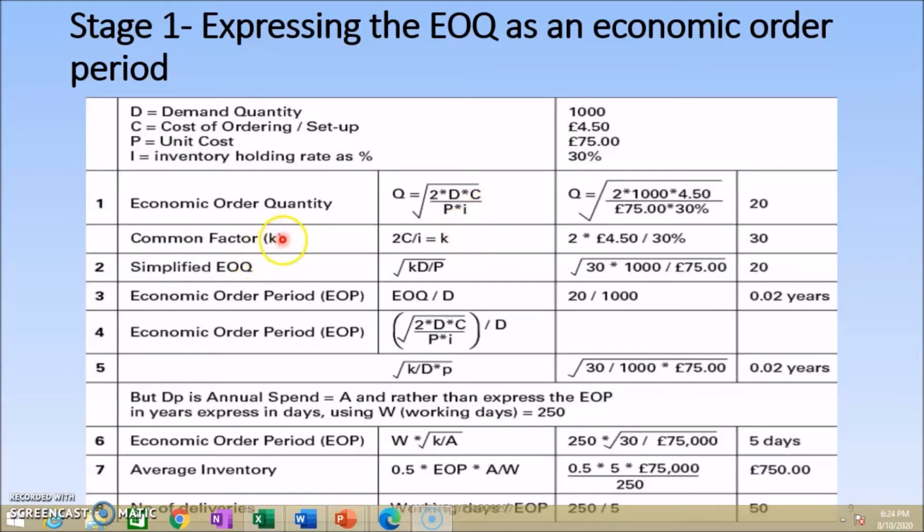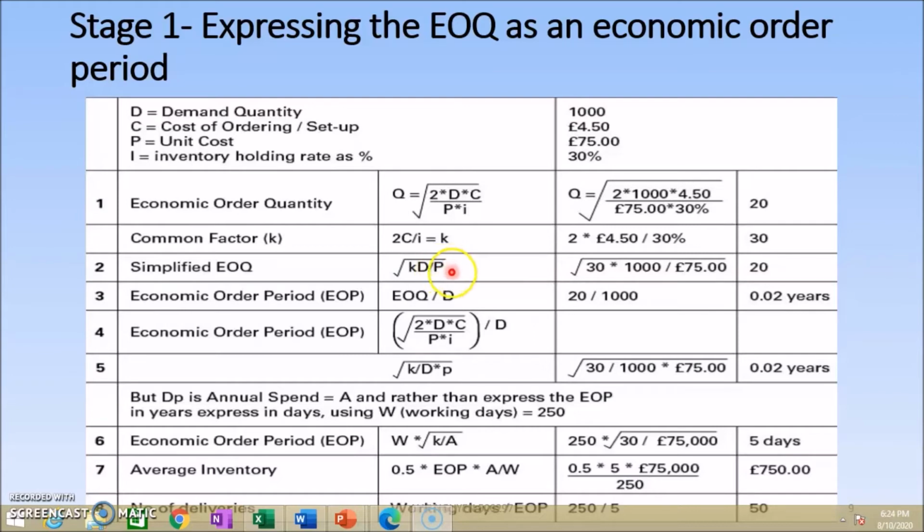But in the K-curve methodology, they replace 2 multiplied by C divided by I with a common factor called K. And when we put this K into formula 1, we come up with a simplified EOQ formula.